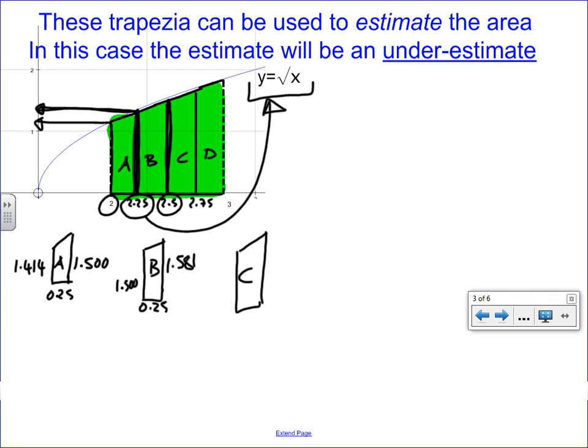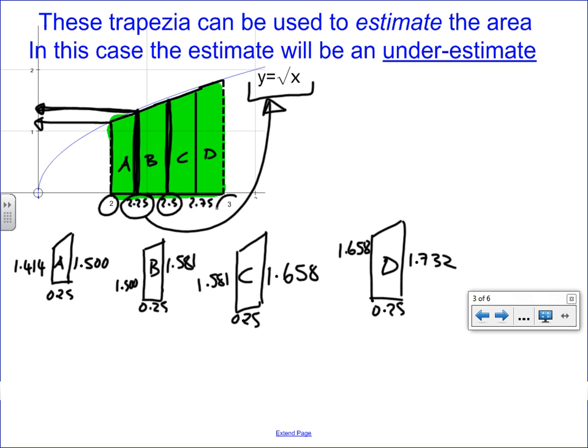So again, I know this left-hand side now, don't I? And the bottom is still 0.25, they all are. What about this right-hand side? 1.658. Okay, and last one, D, again, 0.25 there. Again, I already know the left-hand side, because it's the same. Right-hand side? 1.732. And you got that by putting 3 into the graph root x.